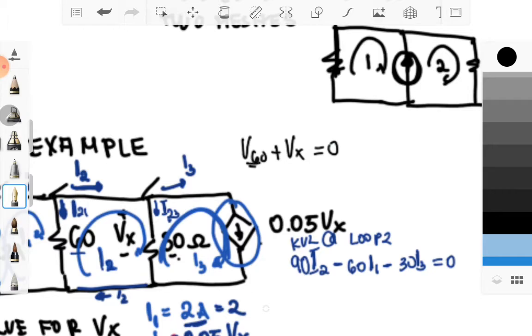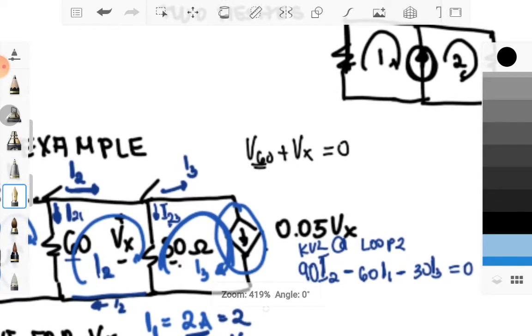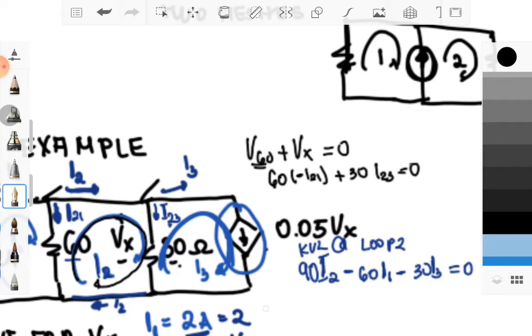What is your V60? Actually, your V60 is equal to 60 multiplied by, so tignan mo, sasalungat yan sa I21 natin. So, negative I21 plus Vx, which is equal to 30, with I23, so positive I23 equals 0. But what is our negative I21?